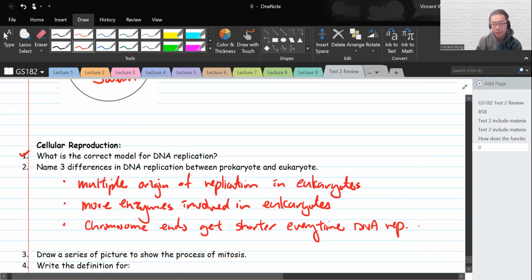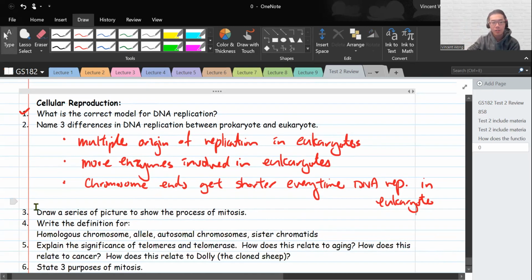Again, in eukaryotes. And that's because of the RNA primer, right? Nothing is replacing the RNA primer on the lagging strand, right? We discussed this before.